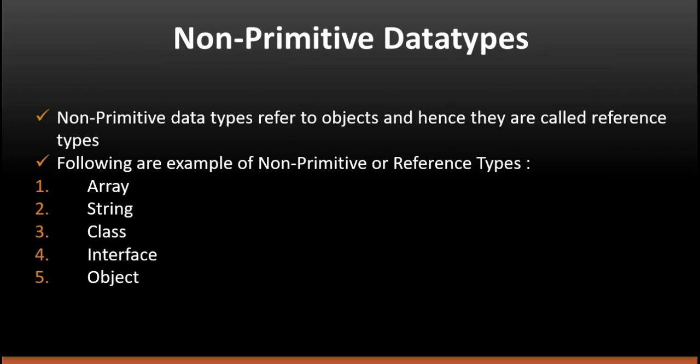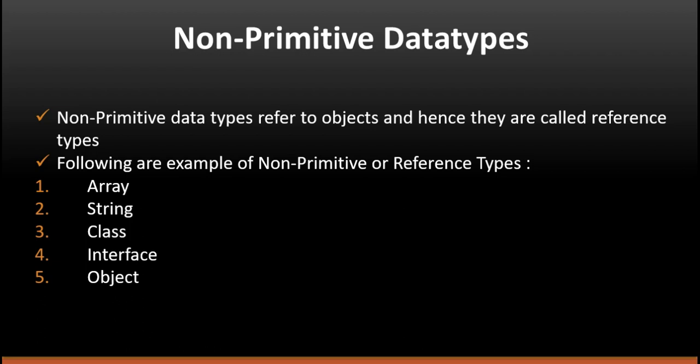Next we have non-primitive data types. Non-primitive data types refer to objects, and hence they are called reference data types. So here are a few examples of non-primitive or reference data types: arrays, string, classes, interface, objects, enumeration.